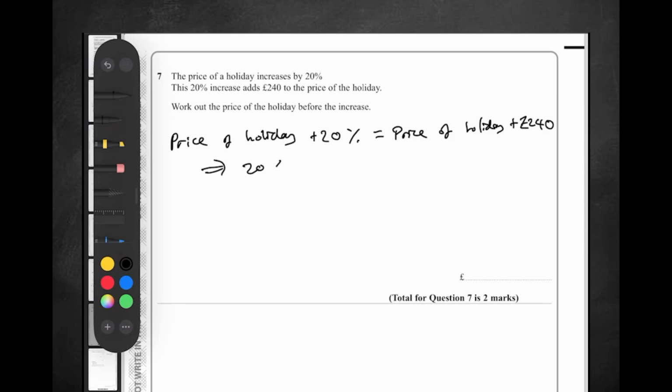Therefore, 20% equals £240. Therefore, 100% is going to be 5 times £240, which is just £1,200.